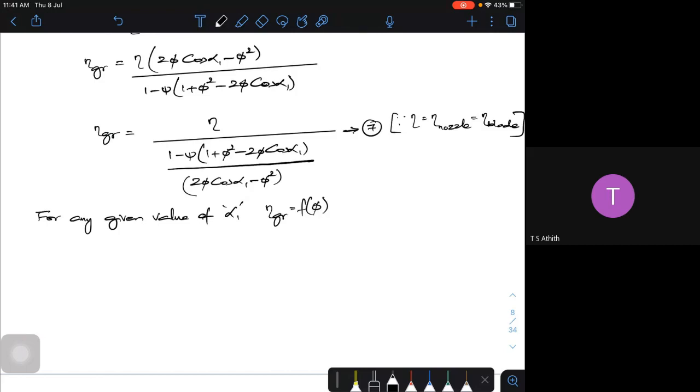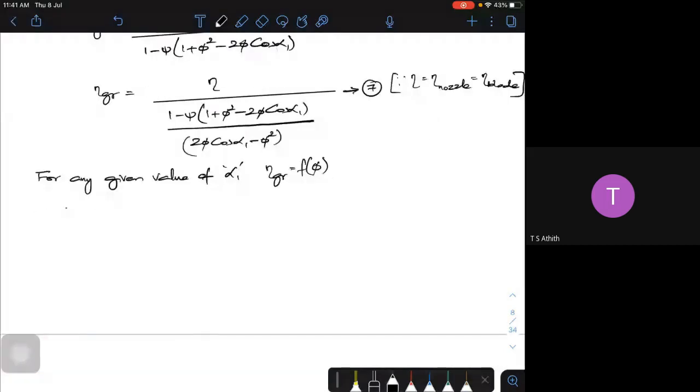So to maximize the gross stage efficiency, what we will do is differentiate this with respect to phi and equate it to 0.